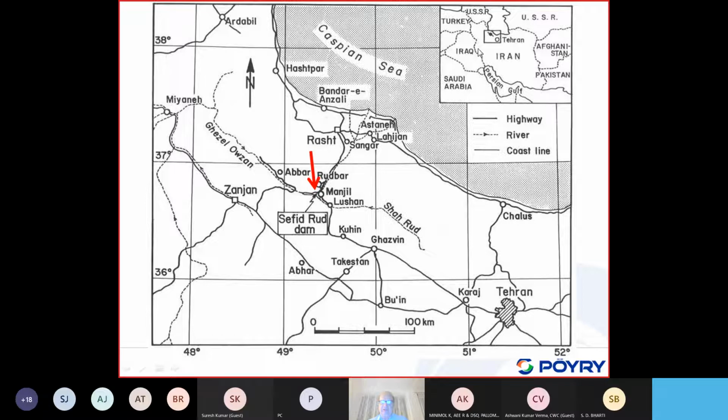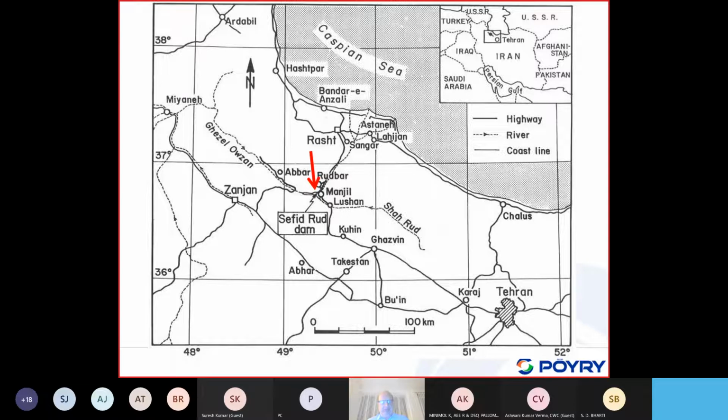If you look into this map here, we see the dam is here. It is located where two rivers are joining. This here is the Caspian Sea, this is Tehran. It's about 150, 200 kilometers from Tehran. Okay, so that is the location we are talking about.